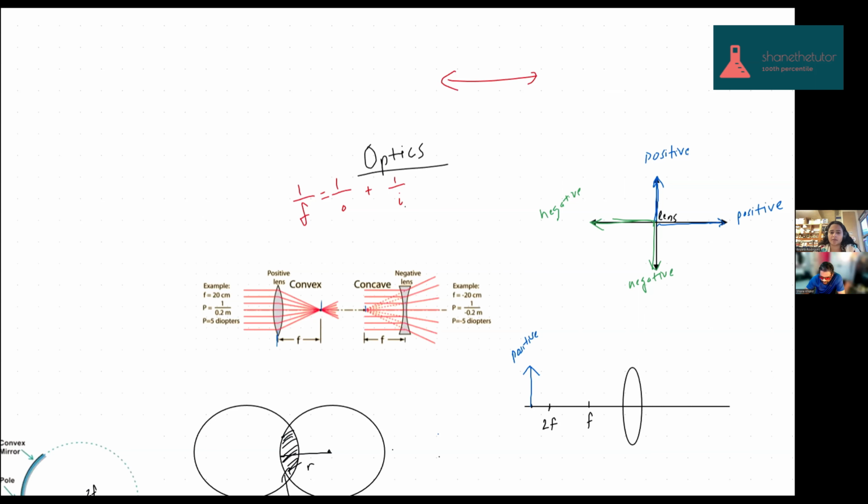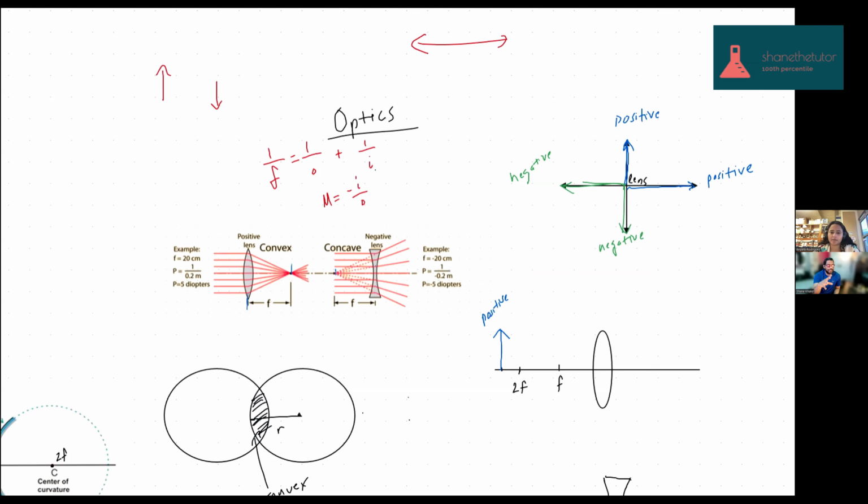So if we go back to this, you're referring to magnification. If it's upright, it will be a positive magnification. Magnification brings together the image distance and the object distance. I just included that because it's another formula.